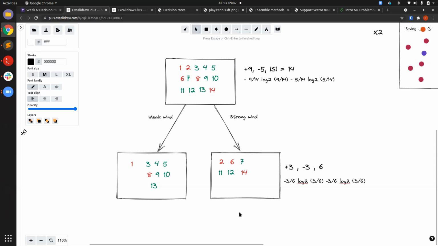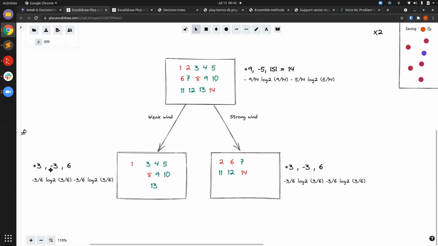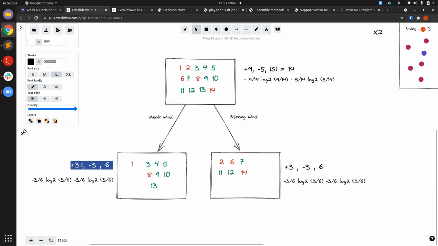So same computation there. And then on the other side, how many positive, negative, and total samples do I have here? I have 6 positive, 2 negative, 8 total. So I have 6 over 8 log 2 of 6 over 8, and so on.